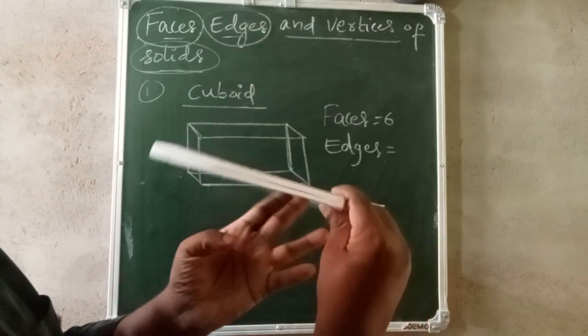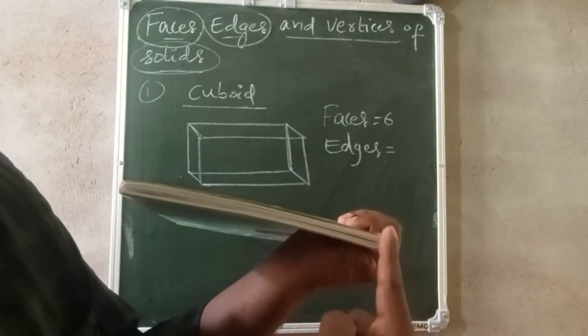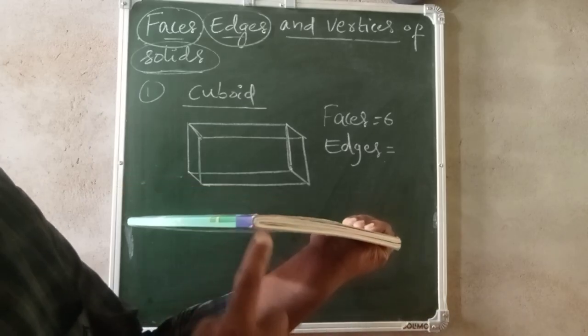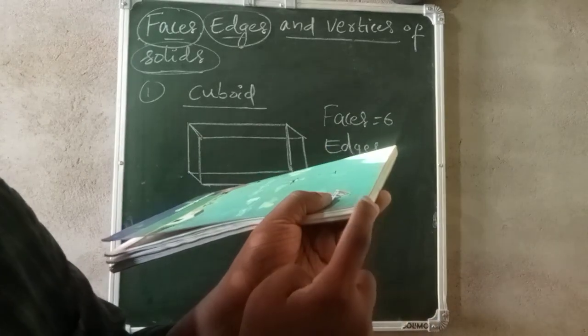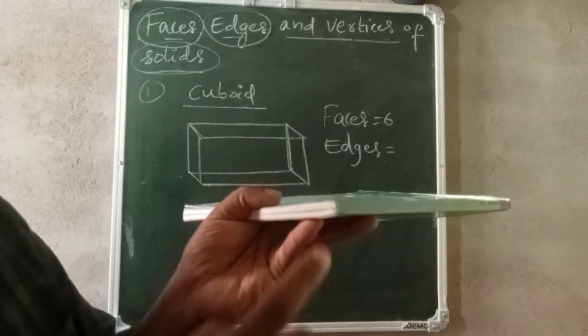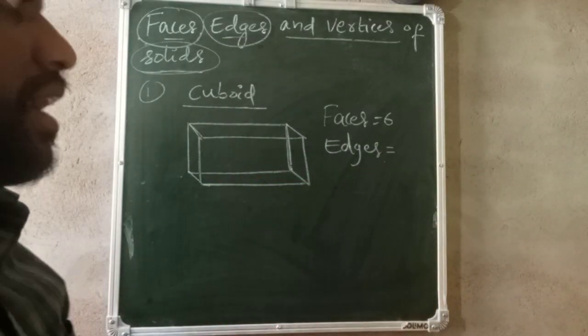Here, one more thing. Here, this one. See here, this is ninth edge. This is 10th edge. So 11th edge. 12th edge. So edge means that.